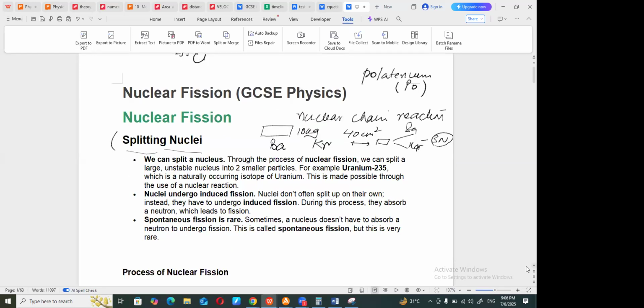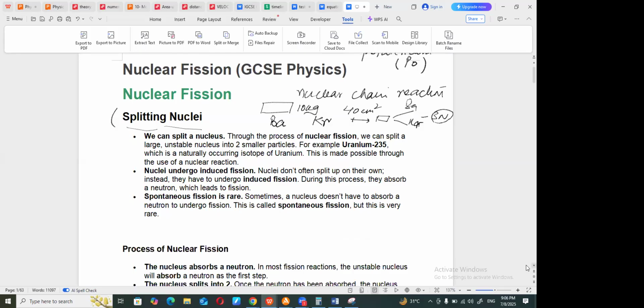When you say nuclear fission, as the name says, it's splitting a bigger nucleus into smaller nuclei, right? We can split a big nucleus into its daughter components. So that is how things will be.